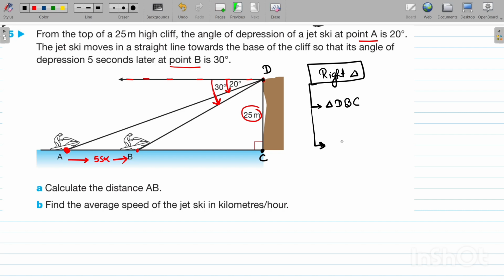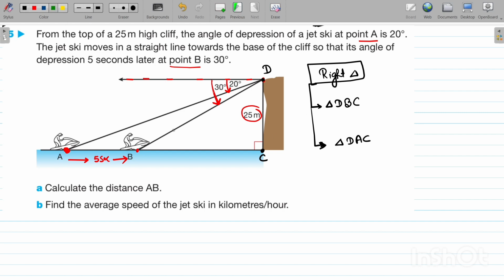Okay, Princess, can you try the other right triangle? DAC. Yes, that's the triangle DAC. They are the two right triangles. Okay, very good.